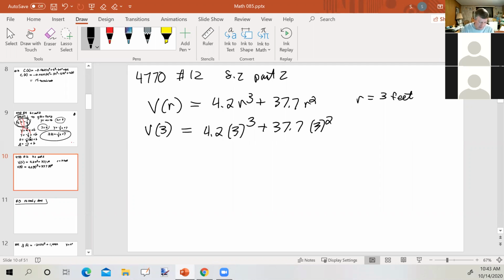Putting all of that into the calculator, I'm getting 452.7. And that is cubic feet. So V of 3 equals 452.7 cubic feet because it's 3-dimensional. Are we okay with that one? Any questions there?